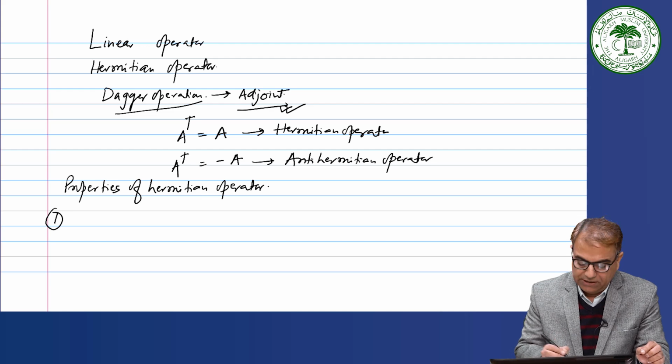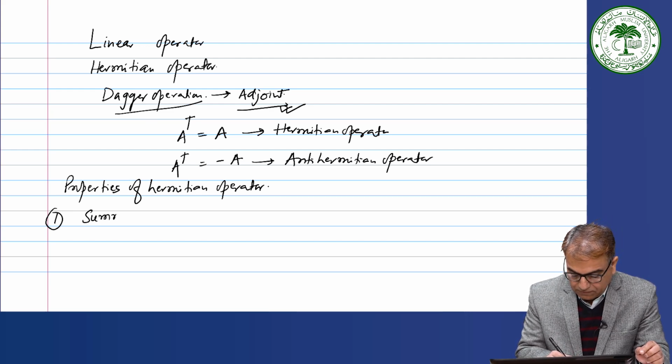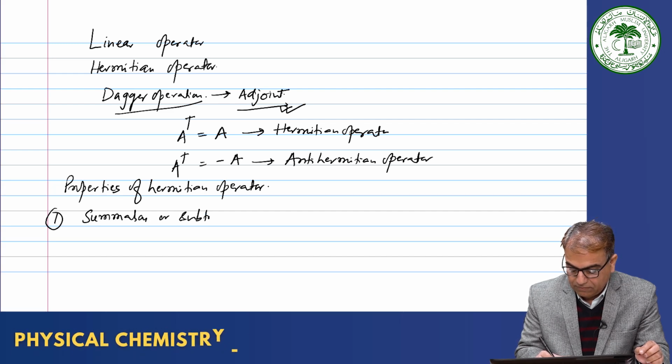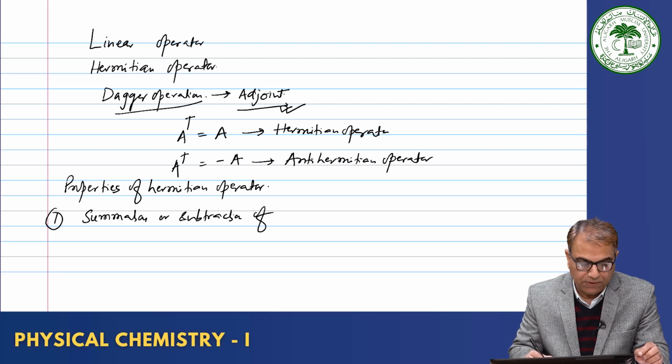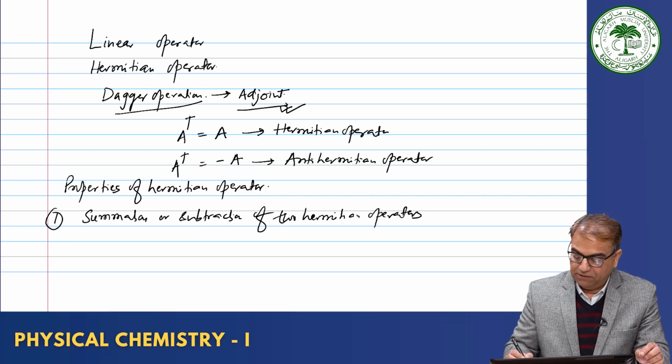The first property is that summation or subtraction of Hermitian operators is always Hermitian.